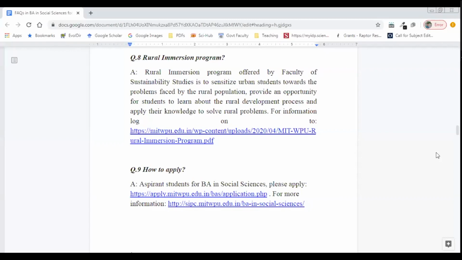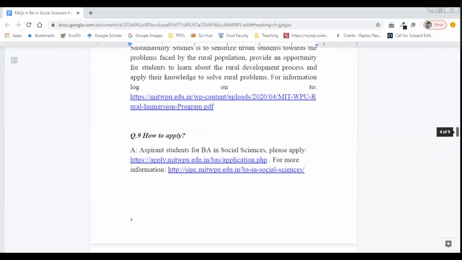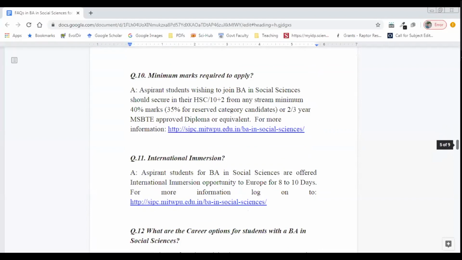Also, considering the special situation right now, the shutdown and all, we could individually discuss your admission requirements, because we know that some students may require a provisional admission letter to pursue a fellowship or a bank loan and various such things. So there's a provision to provide provisional admission to some of the students. I would encourage you to get in touch with the faculty to discuss further details of your admission and the eligibility criteria. Thank you.